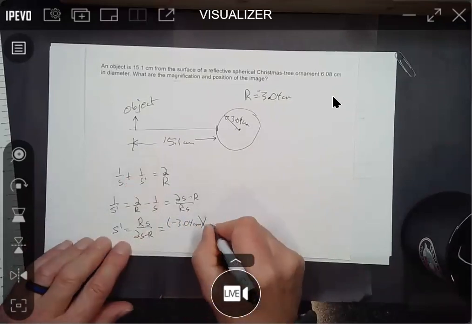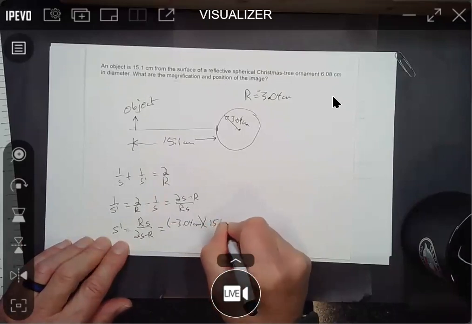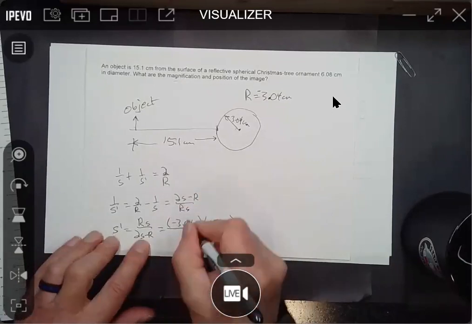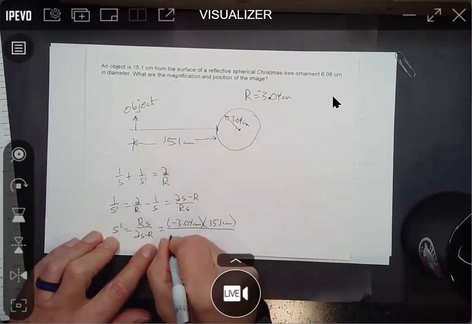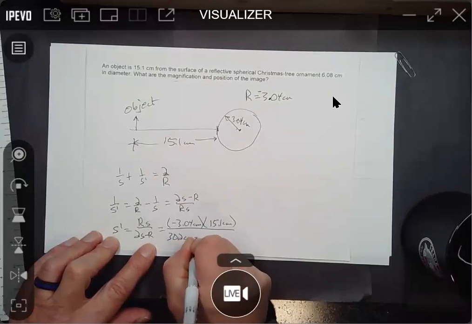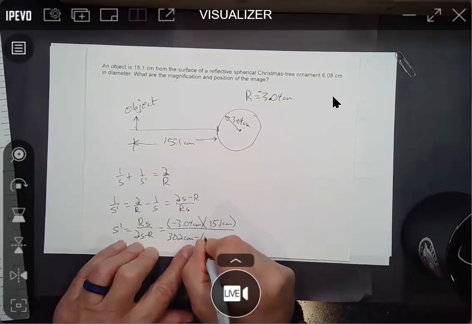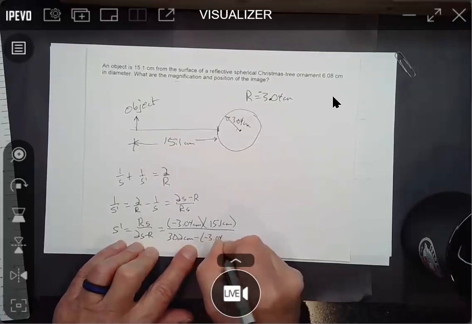times S, which is 15.1 centimeters. And on the bottom, I'll have 2 times S, which is 30.2 centimeters, minus R, which is negative, so minus negative 3.04 centimeters.